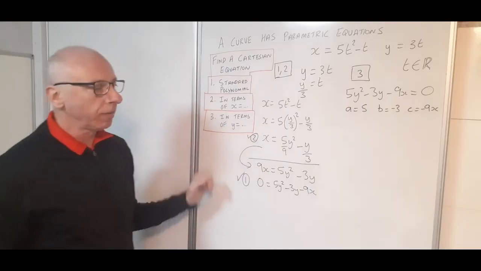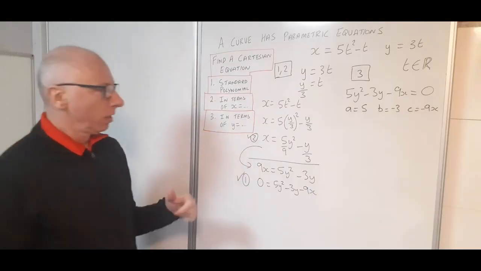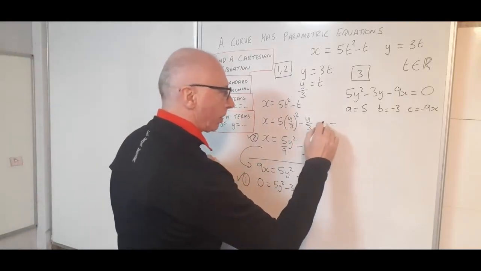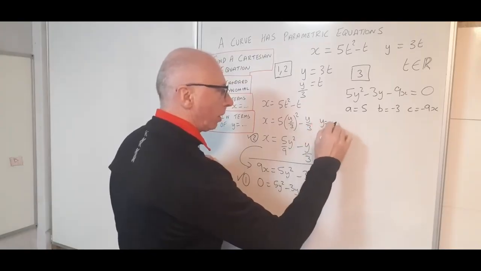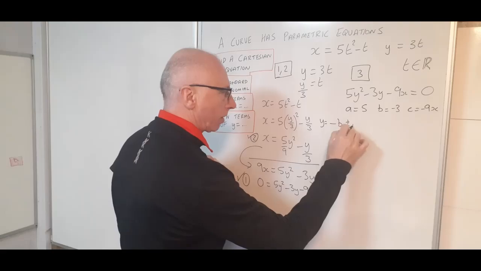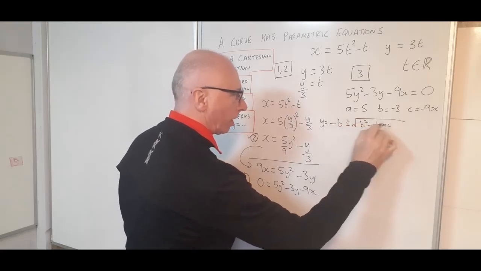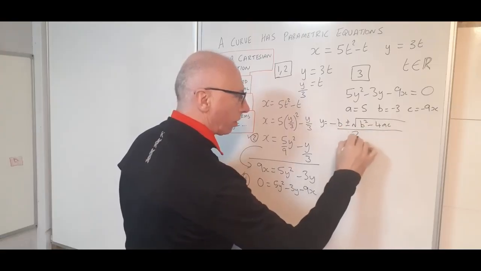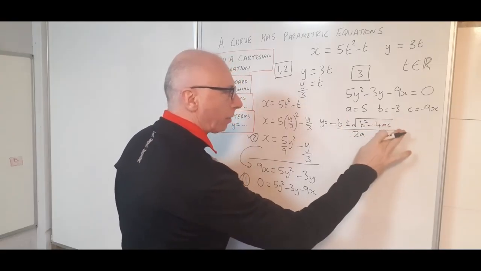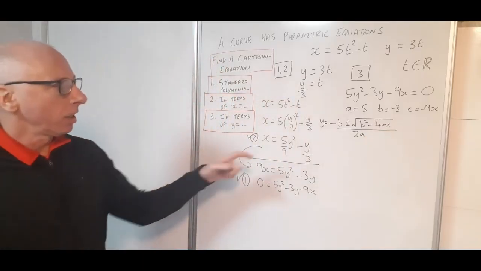So include the variable there for x. So quadratic formula. So here y would equal minus b plus or minus square root b squared minus 4ac all over 2a. And that would take care of that in terms of substitution.